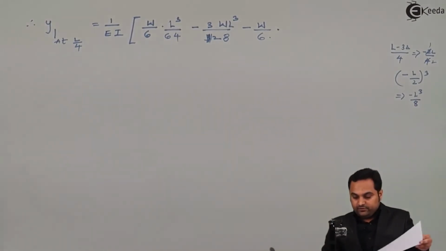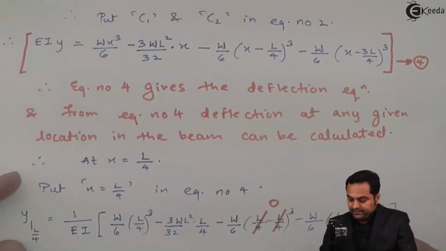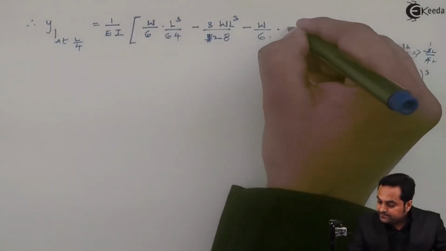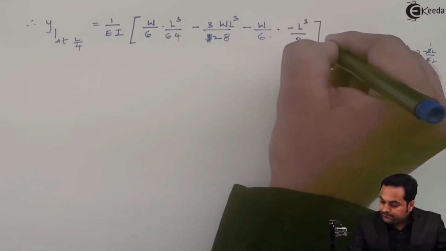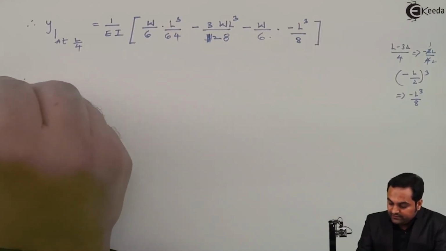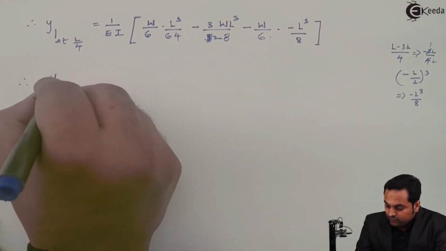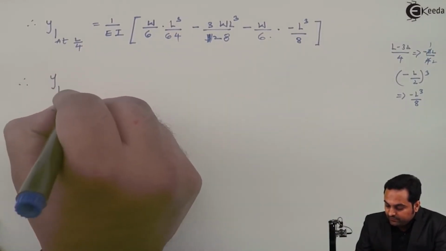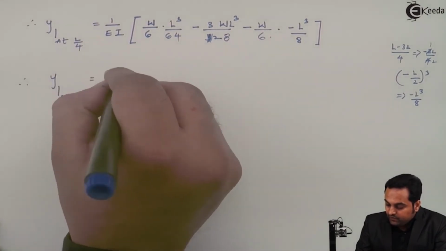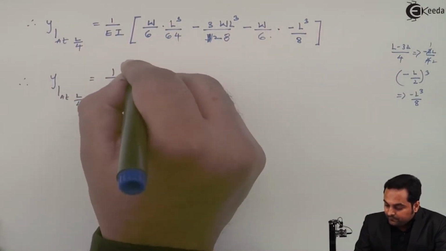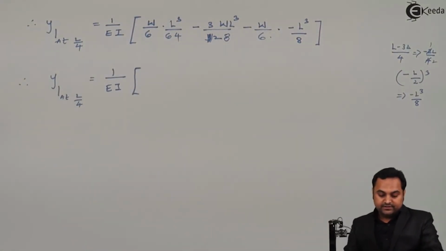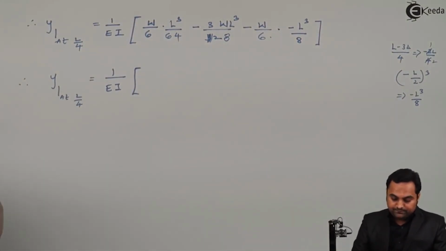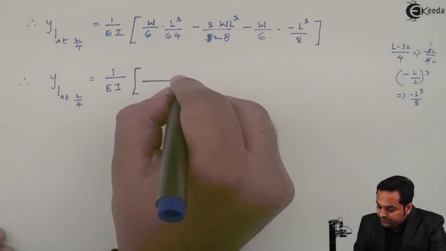So instead of this complete bracket, I can write that as minus L cube by 8. So again simplifying this, therefore, y at x is equal to L by 4 will be 1 upon EI. This, if I multiply this 64 into 6, that would be 384. It comes out to be 384.